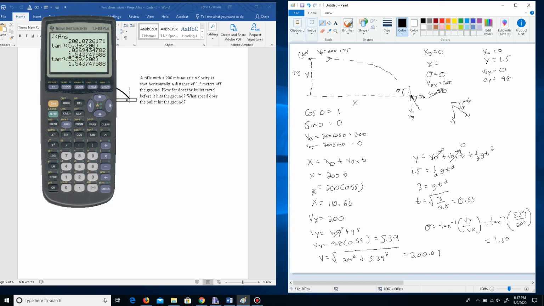Okay, and this is going to be below the positive x-axis. And so that would be your angle here. Your velocity at the end of this will be 200 when it hits the ground. So basically it's coming in at 1.5 degrees and hits the ground at 200.1 meters per second, and it happens in 0.55 seconds. Right, so let's do the next problem.